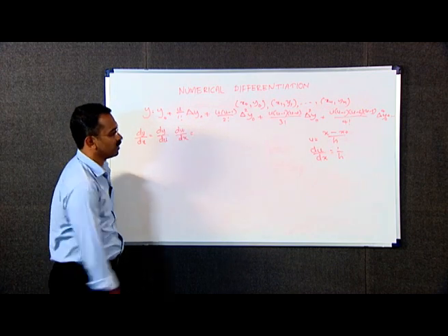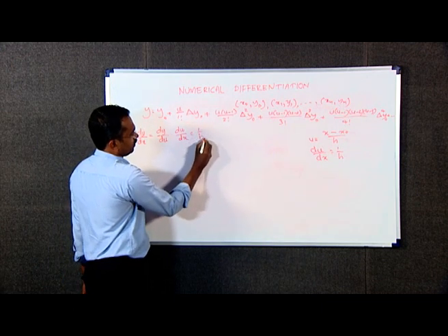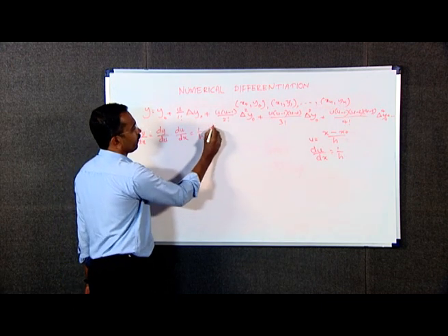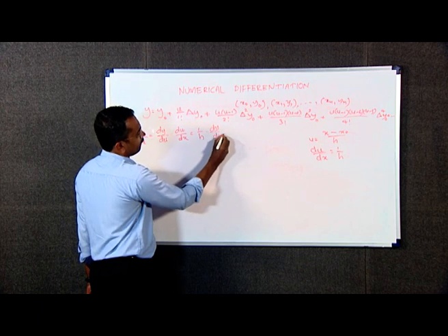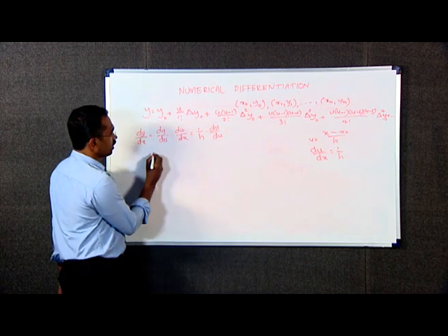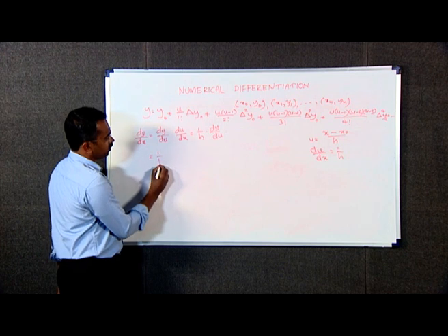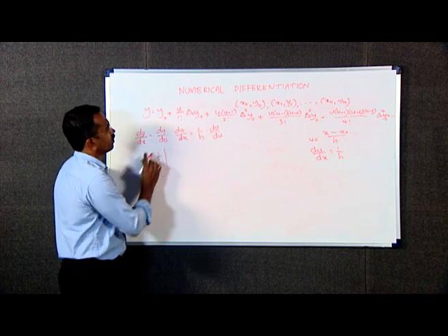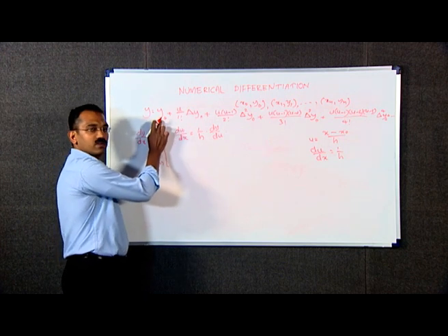That is equal to 1 by h into dy by du, which is equal to 1 by h into: y naught is a constant, therefore the derivative is 0.